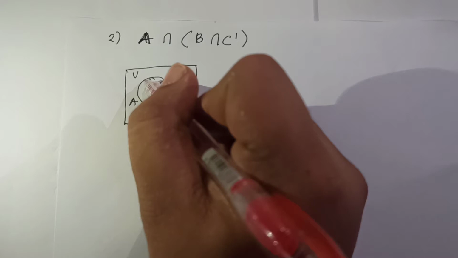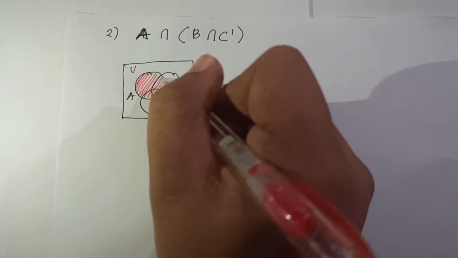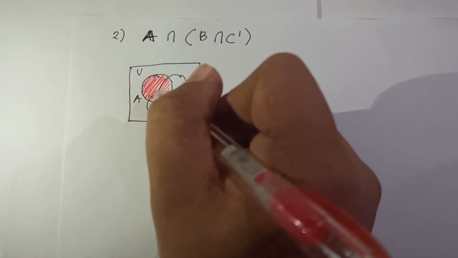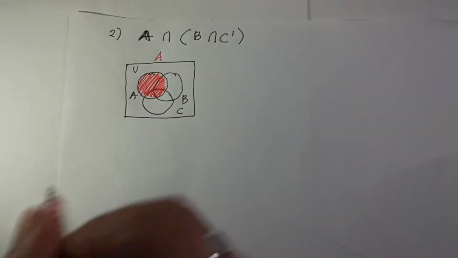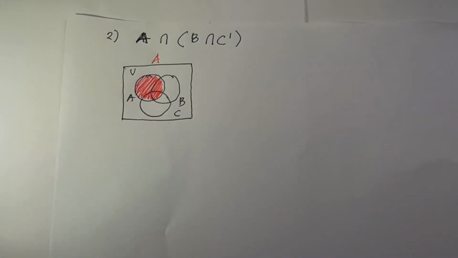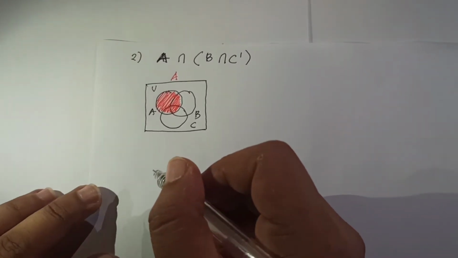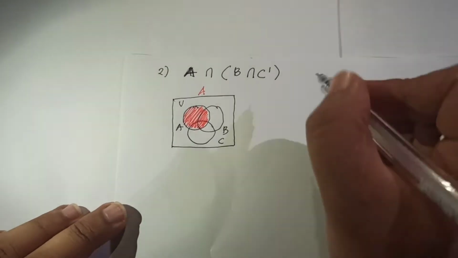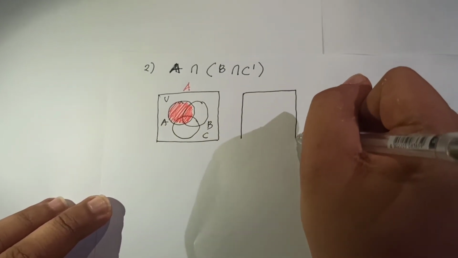For A, the shaded part is only this. Only A is being shaded. So this is our A. Next, we are going to put our B here.